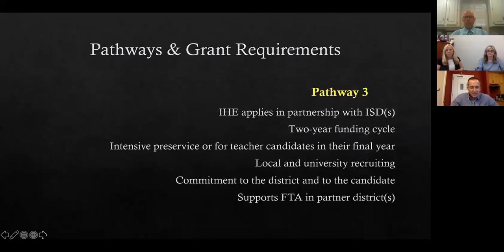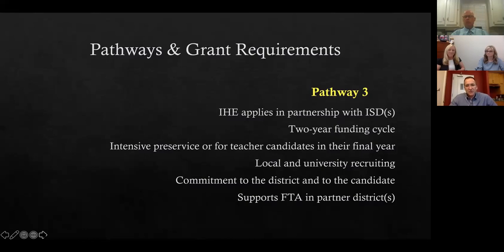And then there's pathway 3, which of course is the one that Texas Tech is interested in, and I'm sure hopefully other folks will be as well. That's a pathway where universities apply in partnership with school districts. This year is new. It is a 2-year funding cycle. In the past, it's just been 1 year at a time, but this year it's 2 years. There are 2 options.